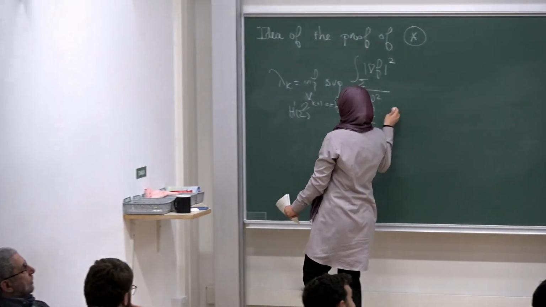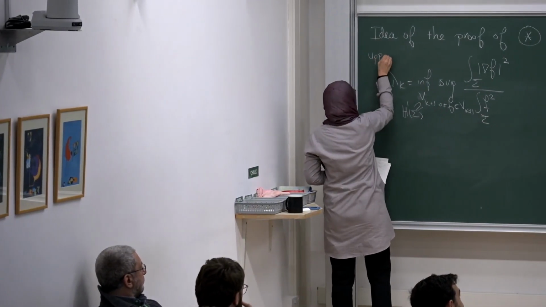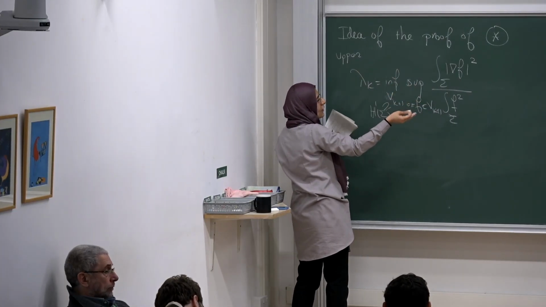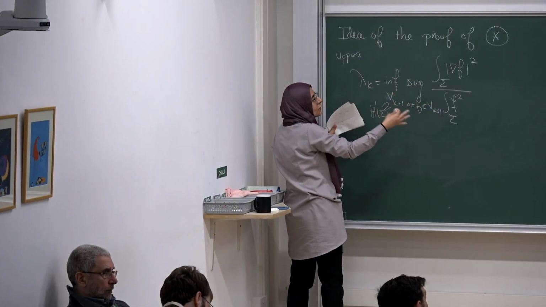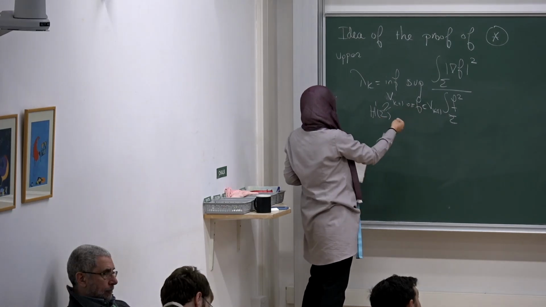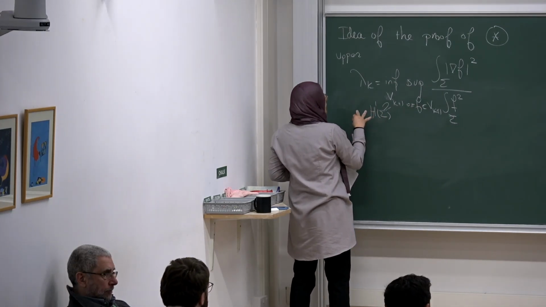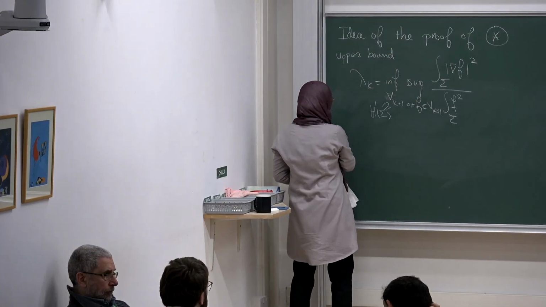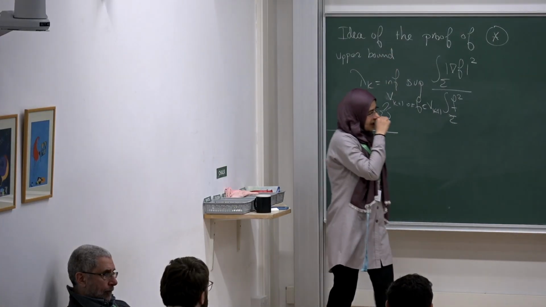So basically, for the upper bound, it's just using C, cutting along it, and using the collar neighborhood to build this test function. So the upper bound is kind of simple and straightforward.